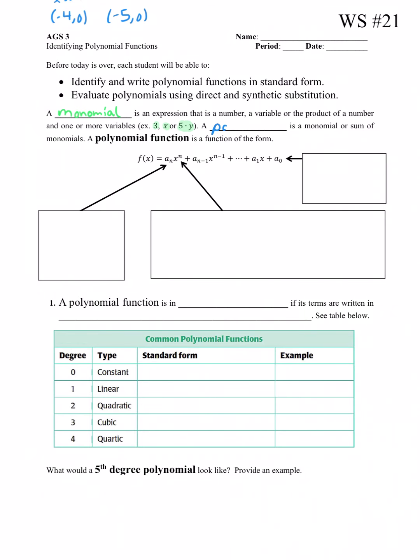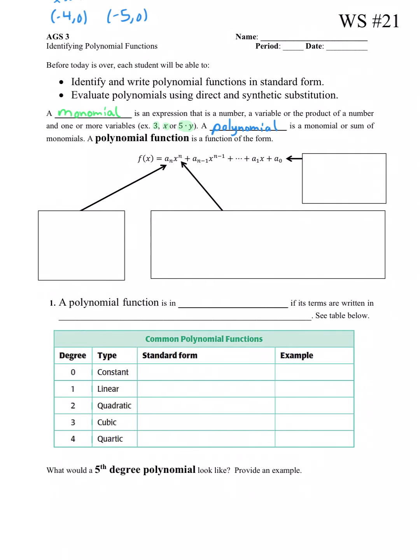And then a polynomial is a monomial or a sum of monomials. Okay? So it means we're just adding a bunch of monomials together. That's where a polynomial comes from. All right?